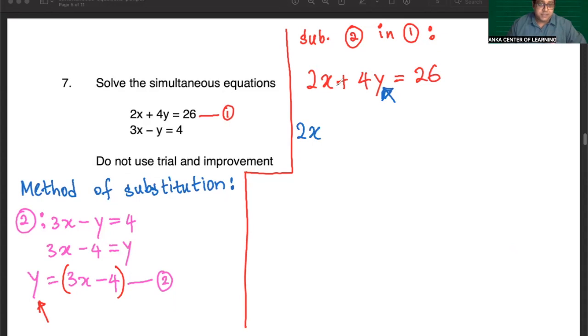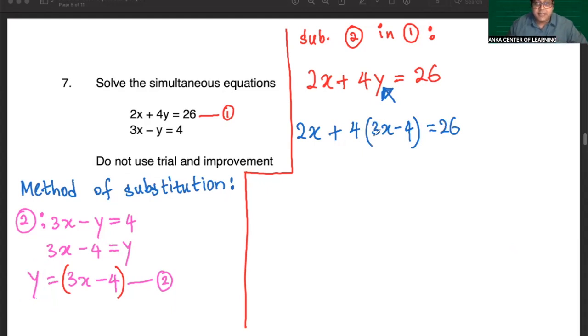Plus 4, instead of y, we write the value of y, which is 3x minus 4, equals 26. This is equation 2 substituted in equation 1.